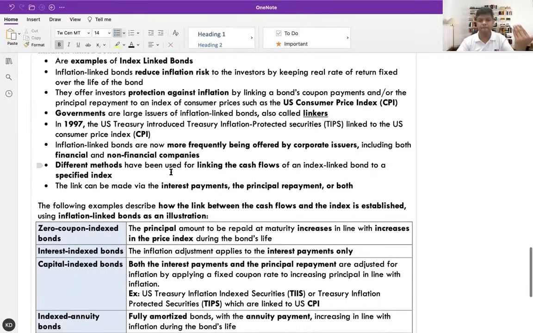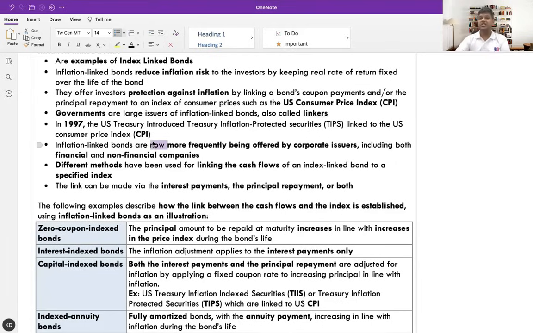Are you getting it? Inflation-linked bonds are more frequently offered by corporate issuers also now. First, it started with the US government. Now even corporates issue them, whether it's a finance or a non-finance company. Why would you invest in such bonds? To get protected against rise in prices, to get hedged against inflation, right? Clear?